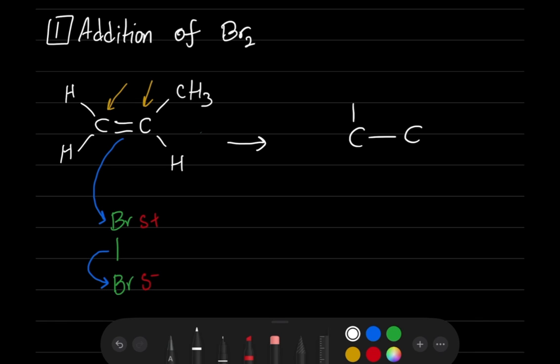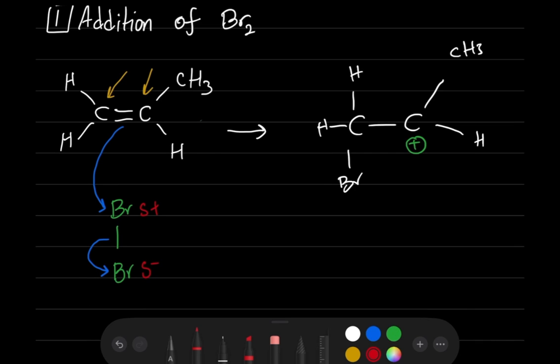Suppose that the bromine atom is bonded to the first carbon, so we have Br right here, and we have CH3 and another H. Just keep in mind, as we have a carbon atom with 3 bonds, we're supposed to have a positive charge on the carbon. Since we have this carbon here and the bromine atom, which has 3 lone pairs with a negative sign, what happened?